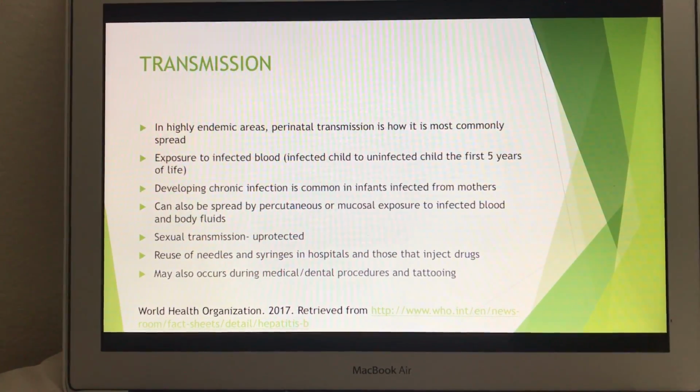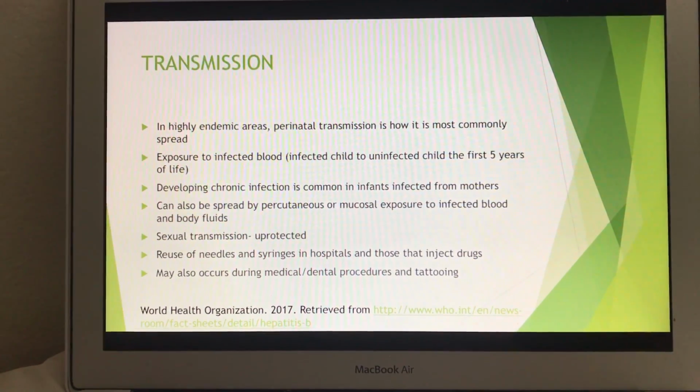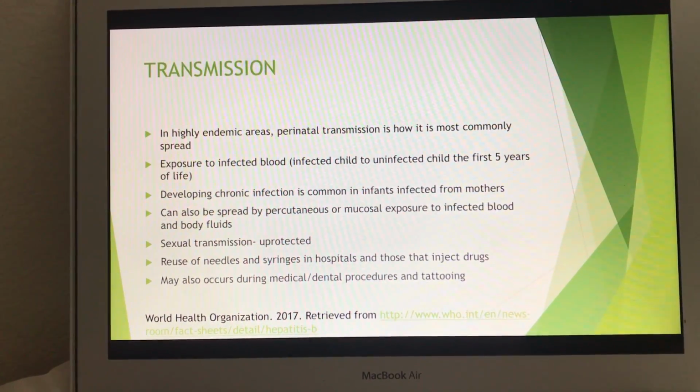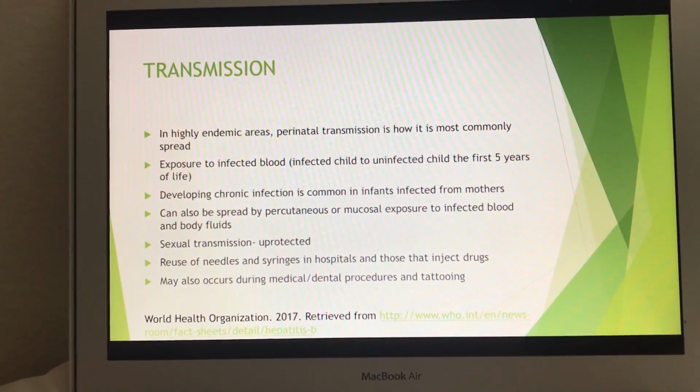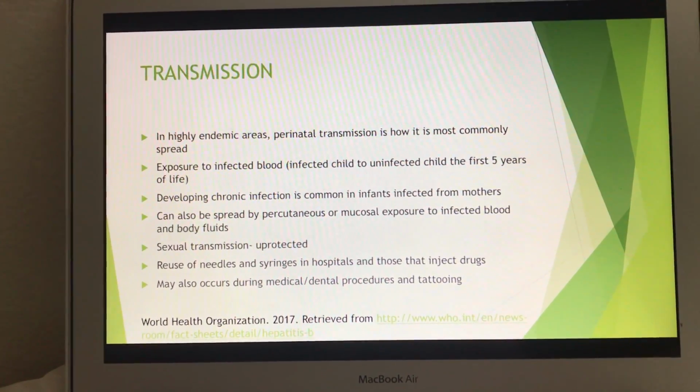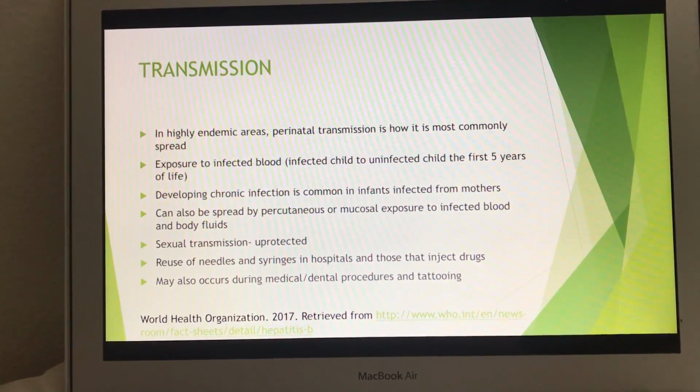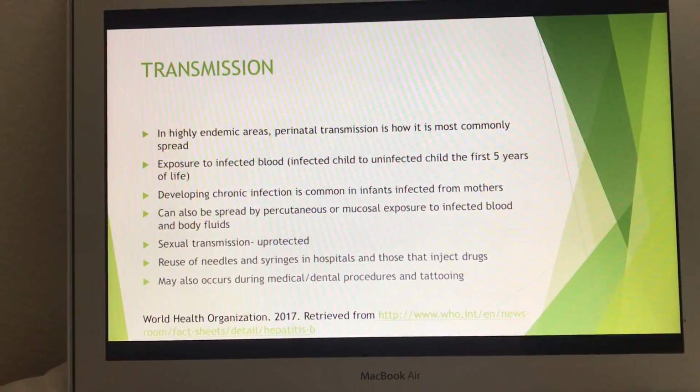Unprotected sex is another form of transmission. Also, the reuse of needles and syringes in hospitals and by those that inject drugs is a form of transmission, and it may also occur during medical and or dental procedures and tattooing.